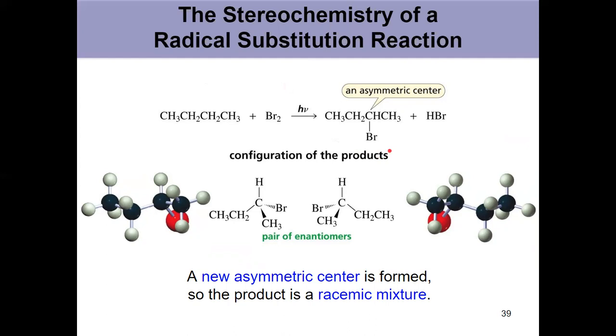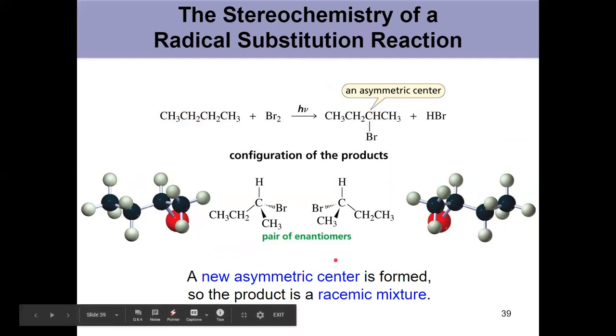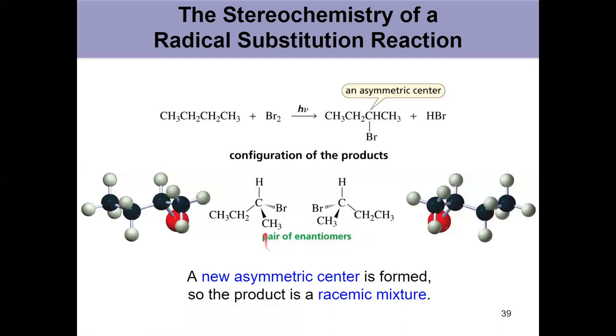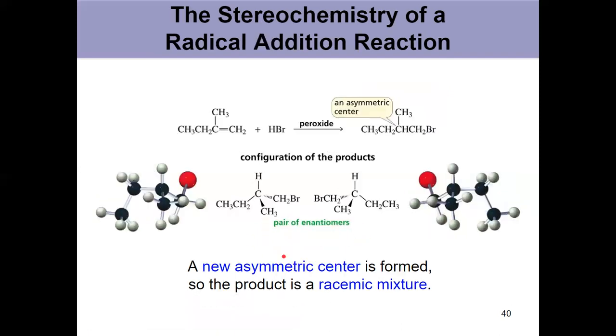In doing so, that forms a new asymmetric center wherever your halogen went. But going from 0 asymmetric centers to 1, as we've seen in the past, just like with carbocations, when we form a new asymmetric center, we get a racemic mixture. So you're going to get 50% R, 50% S.